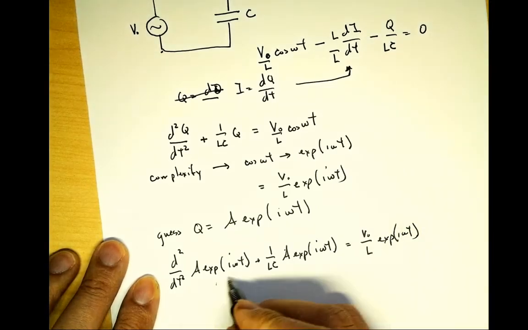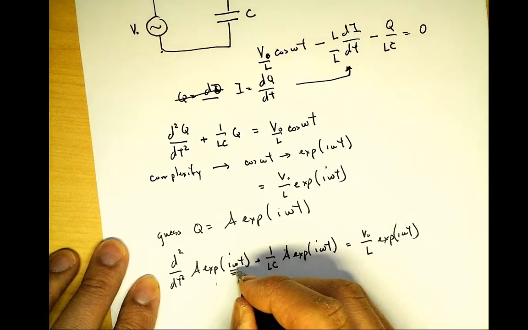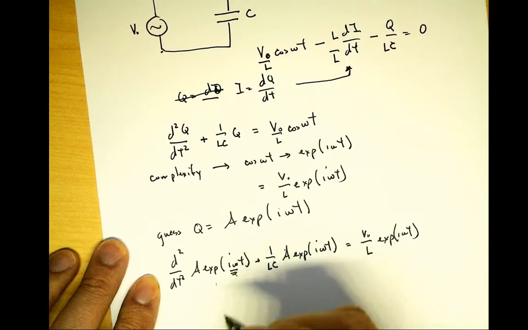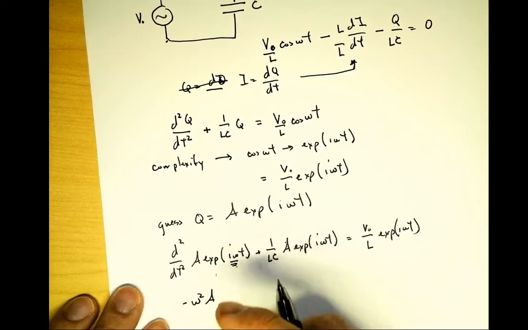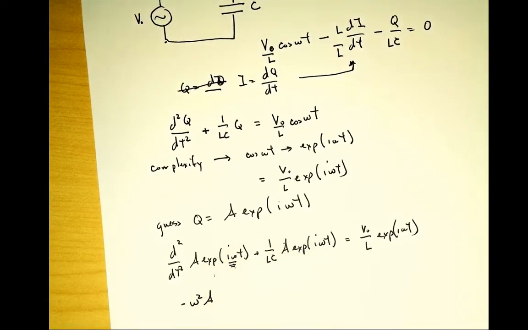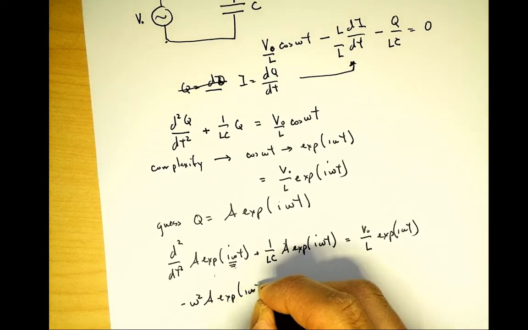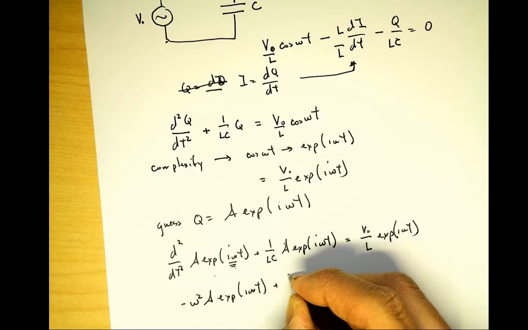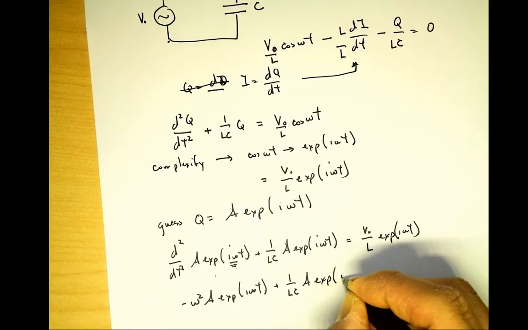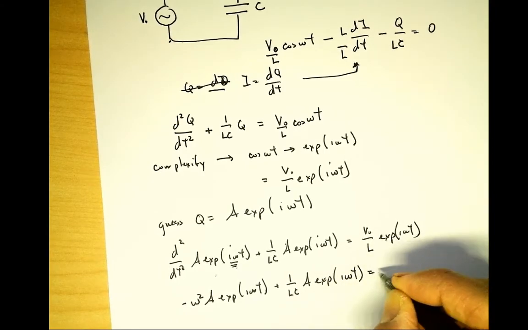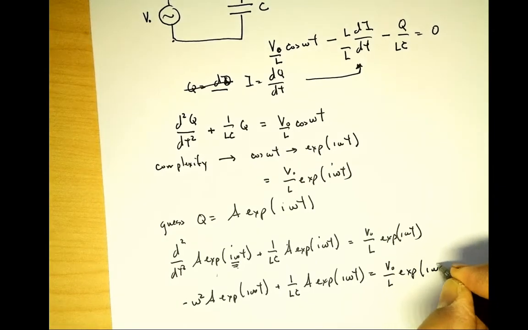The derivative hits it twice, so we pull out two factors of i omega, so it'll be i omega squared, which is minus omega squared. So minus omega squared A e to the i omega t plus 1 over LC A e to the i omega t is equal to V0 over L e to the i omega t.